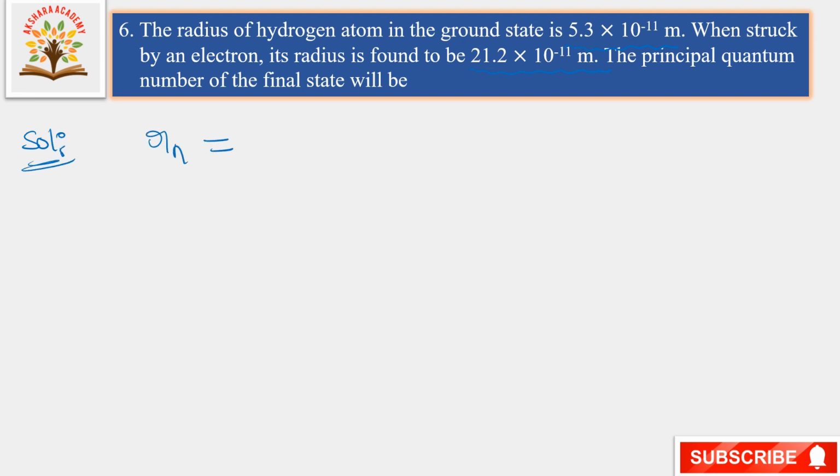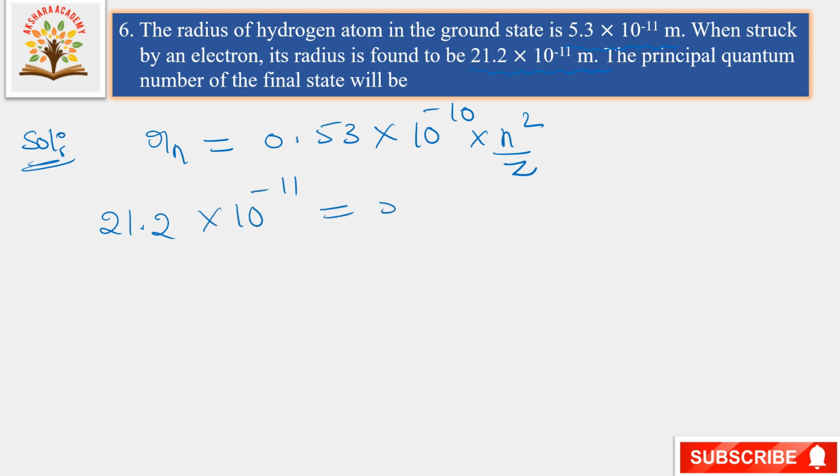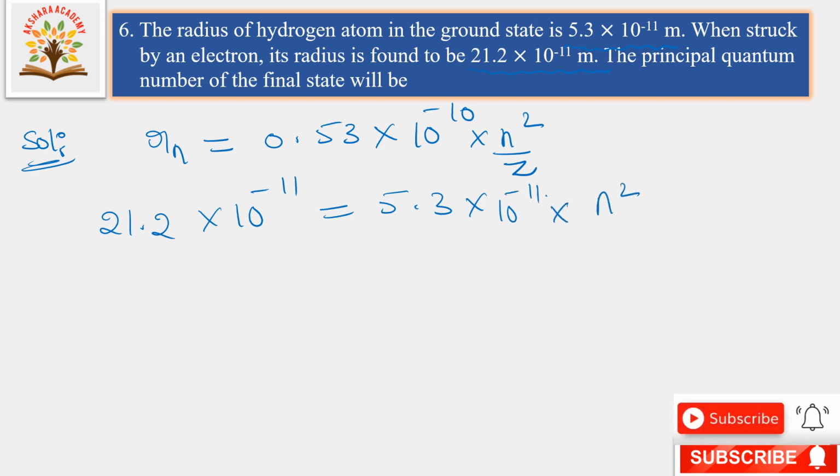Given R1 is equal to 0.53 into 10 to the power of minus 10 into n square by Z. So that is 21.2 into 10 to the power of minus 11 is equal to 5.3 into 10 to the power of minus 11 into n square by 1.